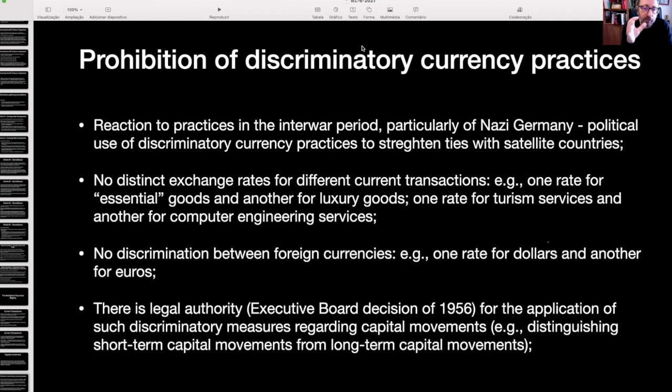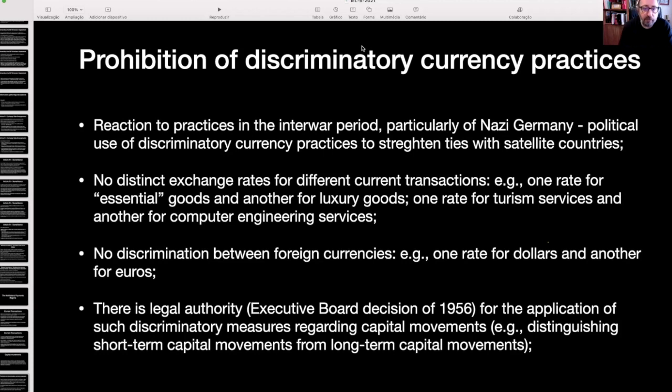So you might be interested in limiting those sort of short-term capital movements, because they tend to be very disruptive, particularly with regard to exchange rate regimes. There's a high demand, and then if they sell out, there's a high supply of your currency in international markets, and this will affect your exchange rate.